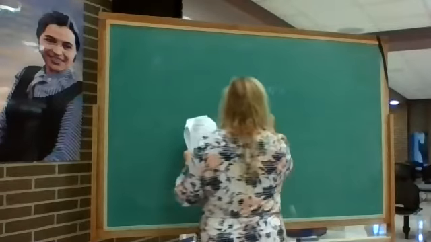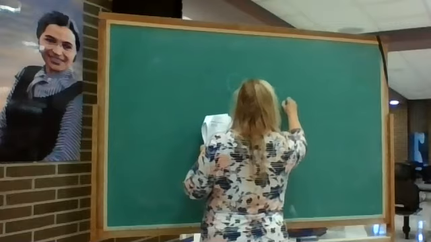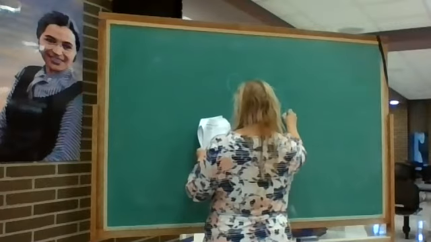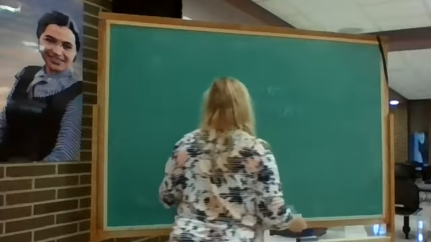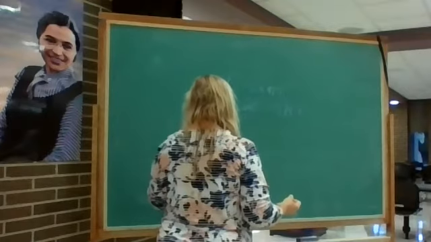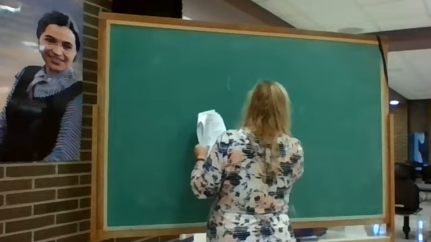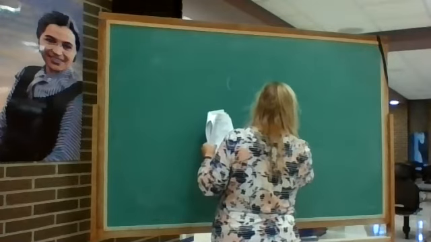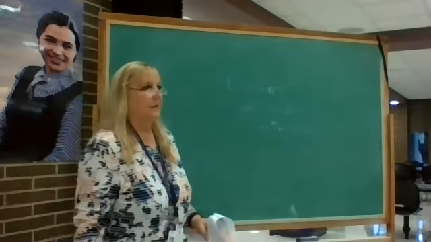So you're going to take 2 times 3.14, because that's what it told us to use, times the radius, which is 4. So 2 times 3.14 times 4 should give you 25.12 feet. Okay?